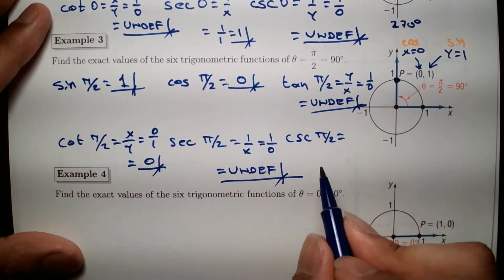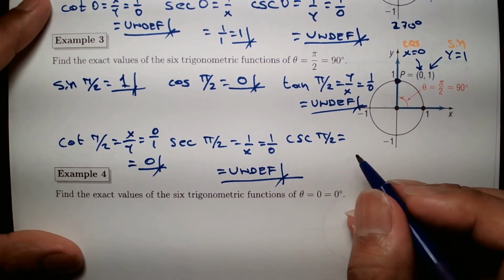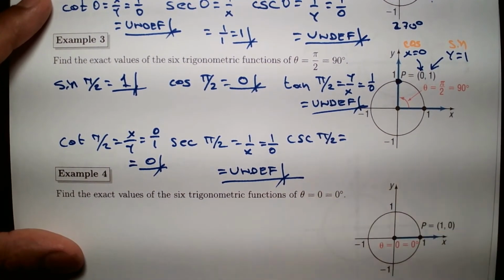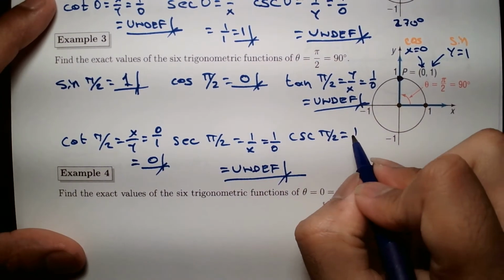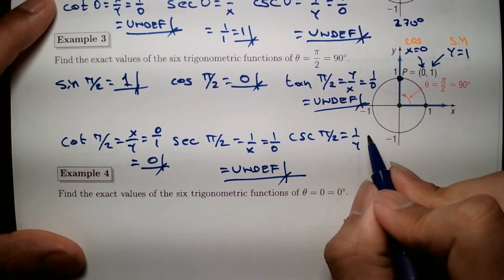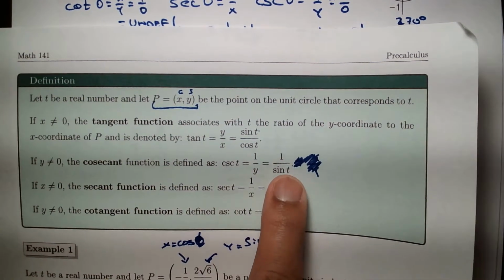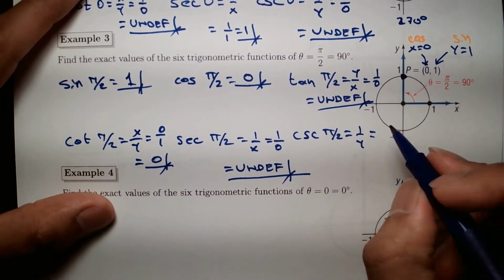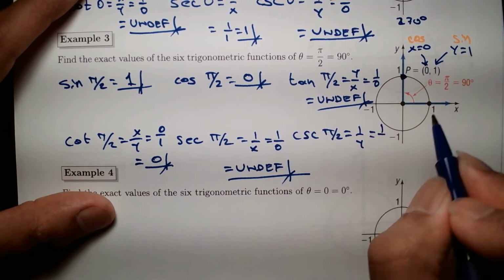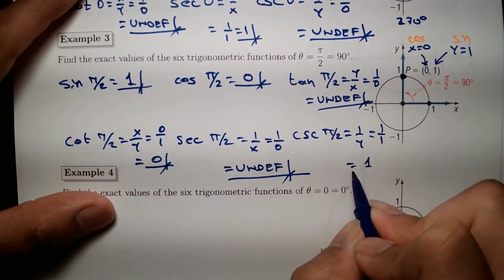Last but not least for this example, cosecant pi over 2. That's 1 over y, the reciprocal of sine. It's right here, cosecant is 1 over y. In this case, that's 1 over the sine value, 1 over 1, which is 1.